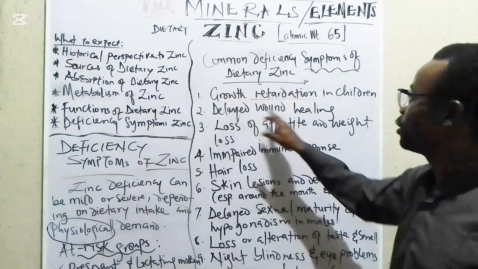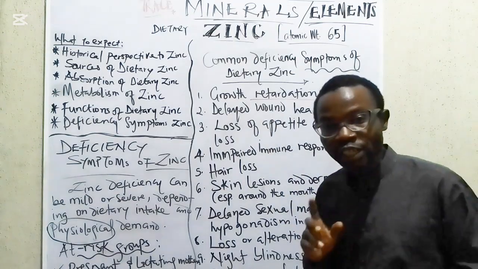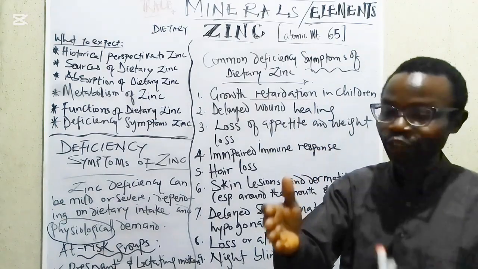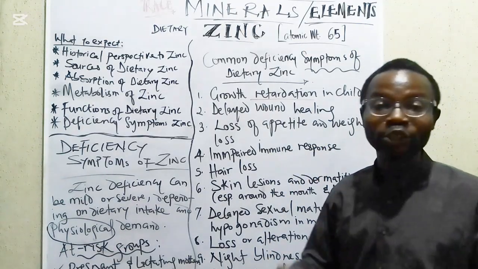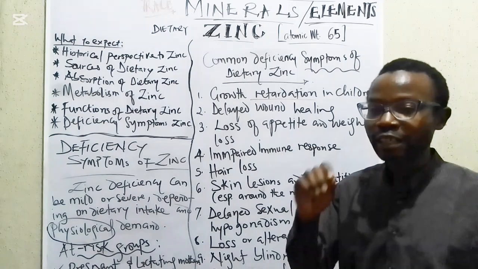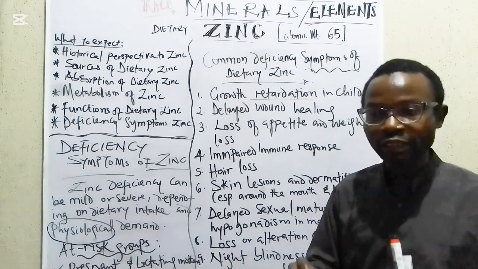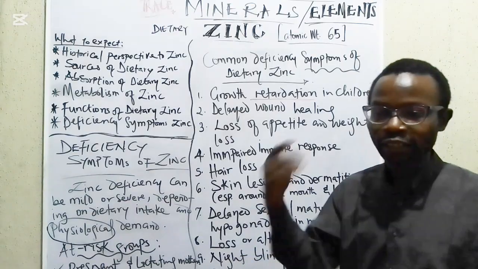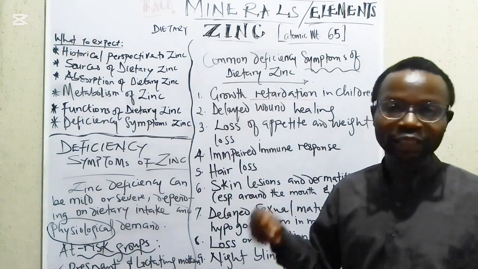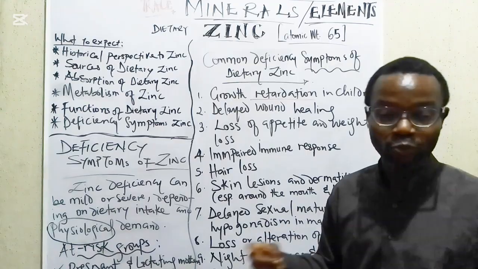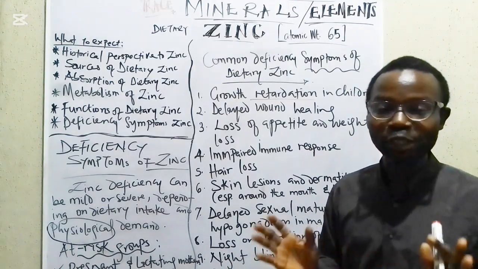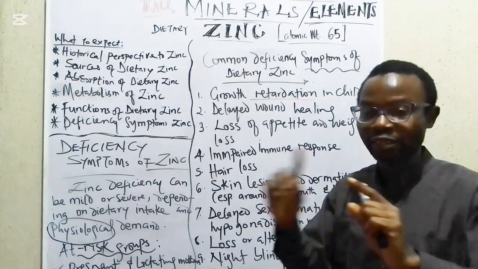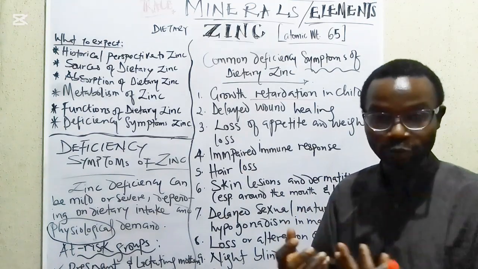Now the next is delayed wound healing. Zinc plays a lot of roles starting from when the injury occurs to the time it's healed, including burns. Inflammation immediately happens, mobilizing white blood cells and other immune system components to fight bacteria and other pathogens from getting in.